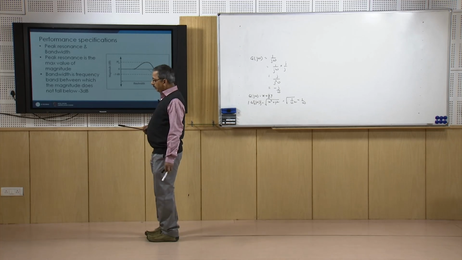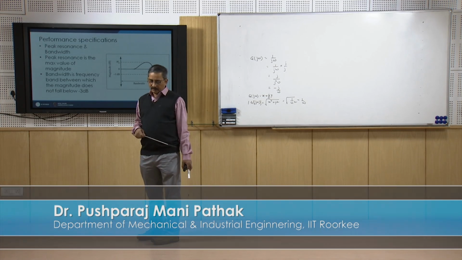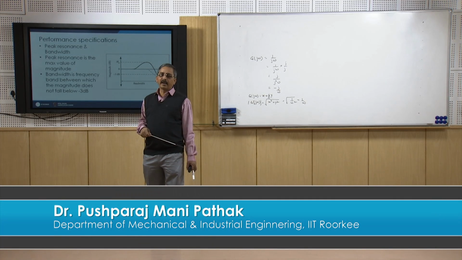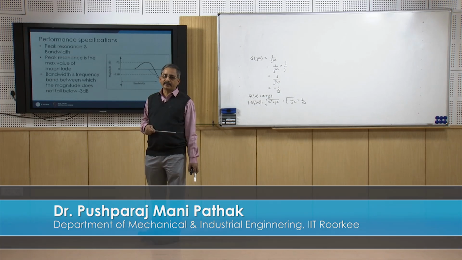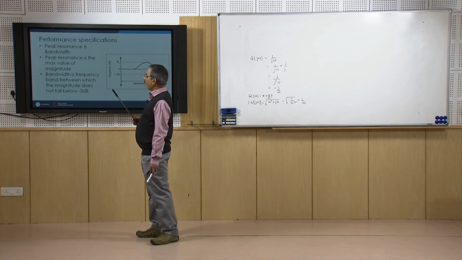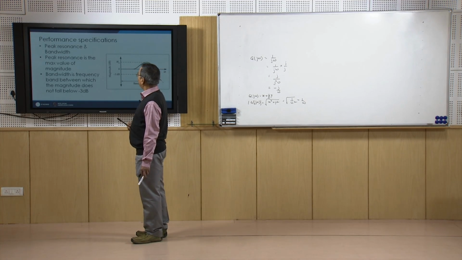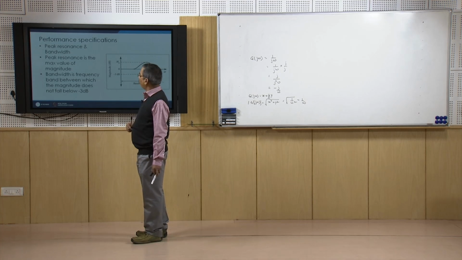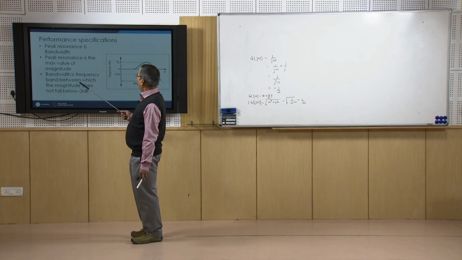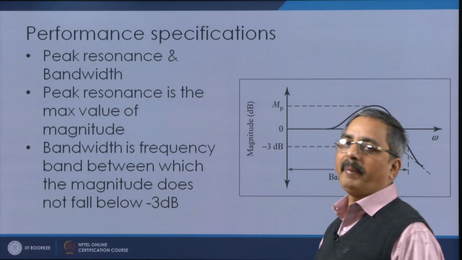Now, coming to the performance specification. If we want to indicate the performance of the system, there are two parameters with the help of which we can indicate the performance for the frequency response, and these are the peak resonance and the bandwidth.